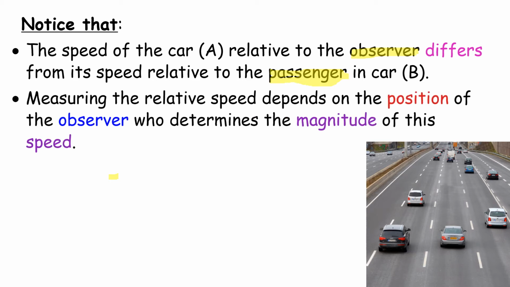Measuring the relative speed depends on what? The position of the observer, the person measuring the speed, who determines the magnitude of the speed. The word magnitude means the numerical value of the speed.